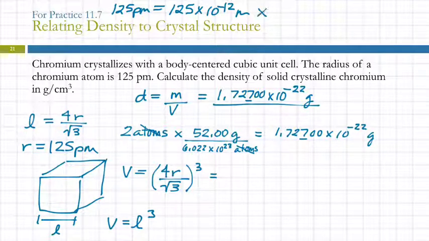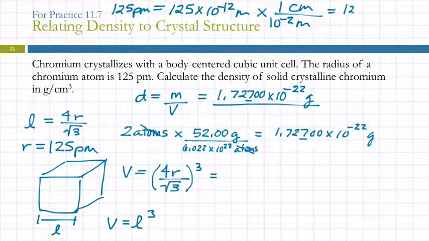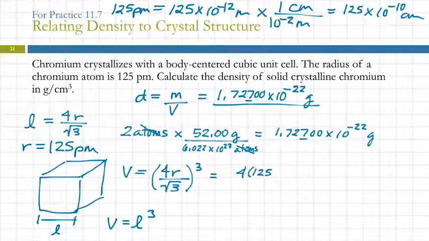And then I convert to centimeters, 1 centimeter per 10 to the minus 2 meters. So I come up with 125 times 10 to the minus 10th centimeters for the radius. You can do that other ways. I won't judge. So 125 times 10 to the minus 10 centimeters.